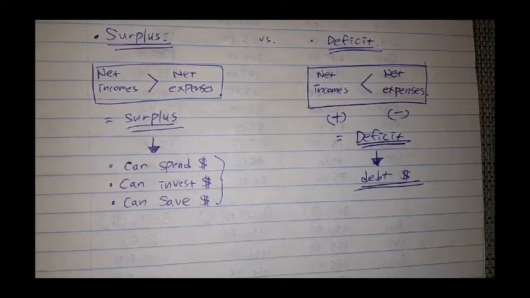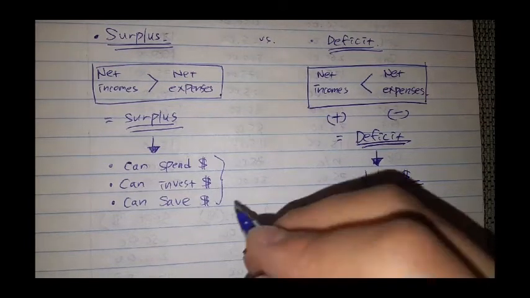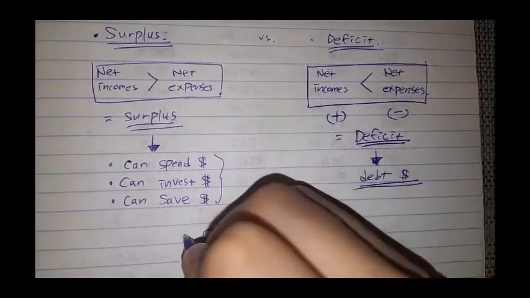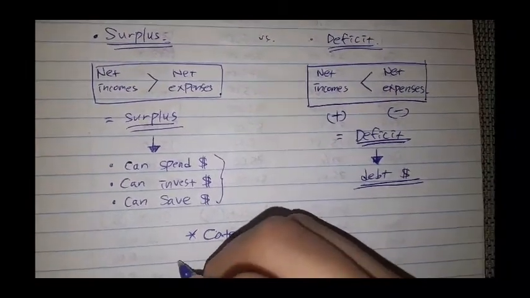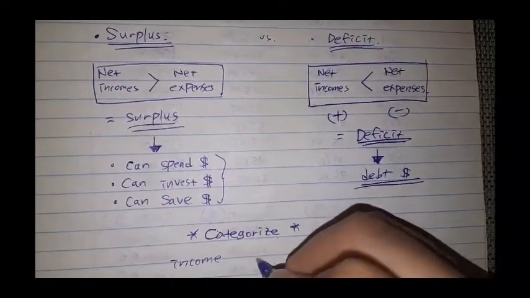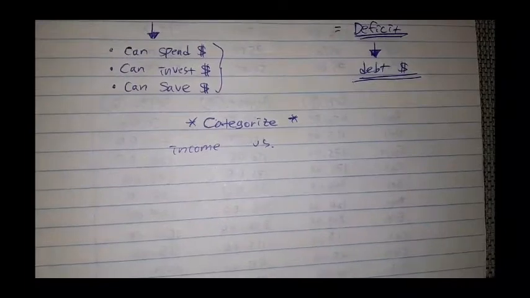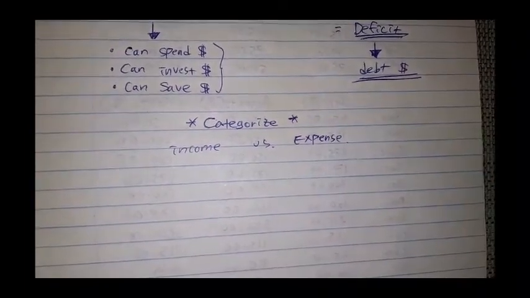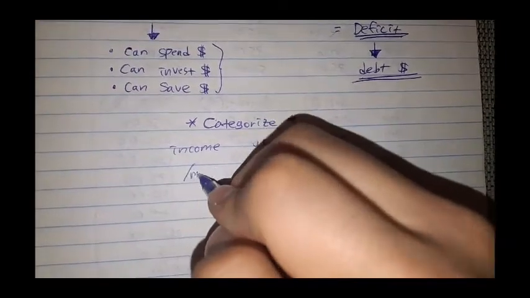In order to make your budget, of course, you need to categorize income versus expenses. When you do, you need to understand whether it is monthly.